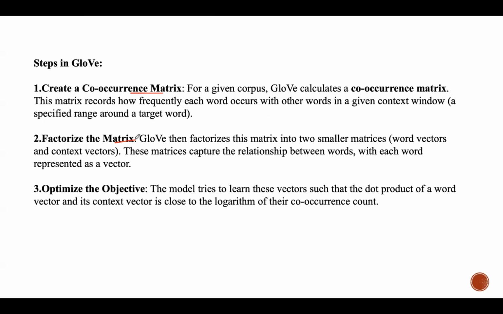This factorization process ensures that the vector representations of words are informative and capture semantic relationships. Then optimize the objective. The GloVe model will try to learn the vectors such that the dot product of the word vector and the context vector is close to the logarithm of their co-occurrence count. Let us see these steps in detail.